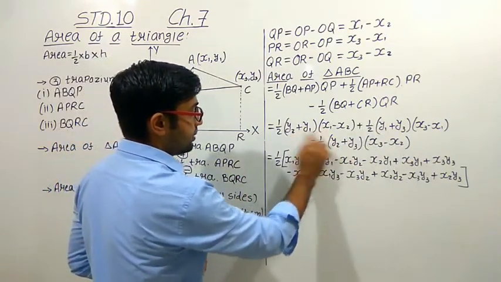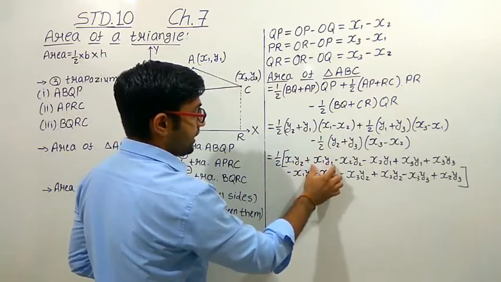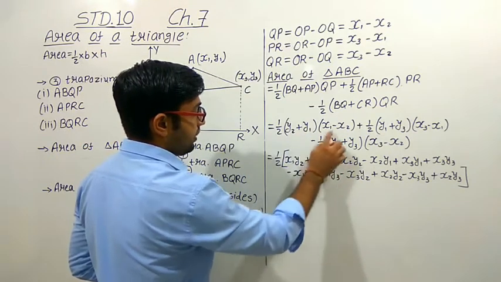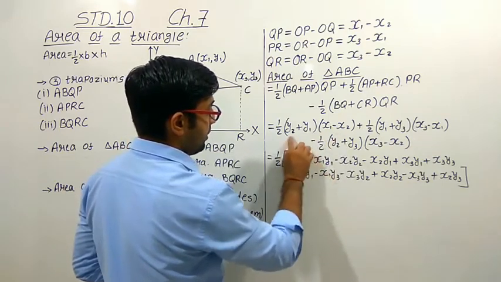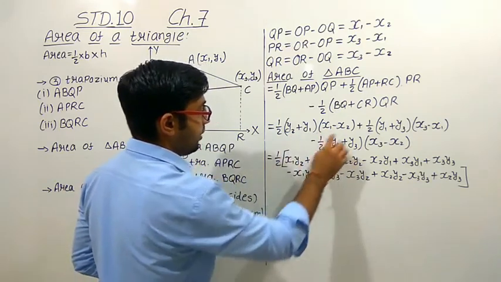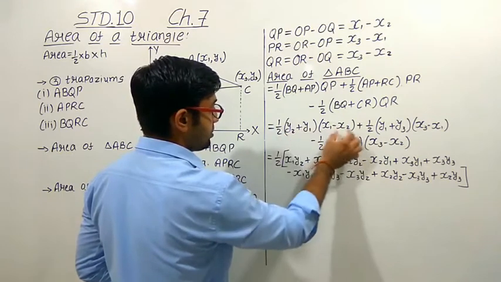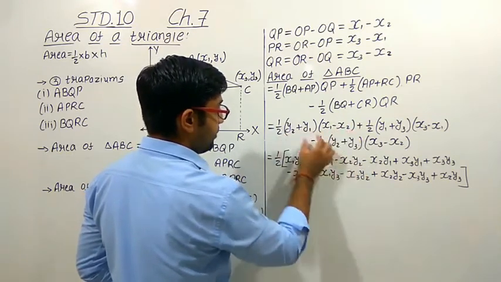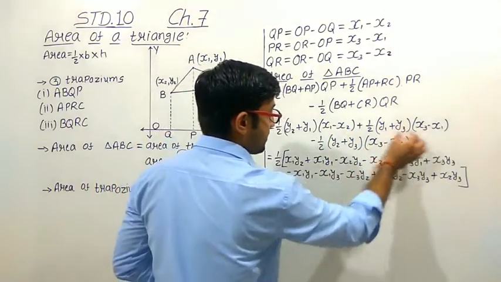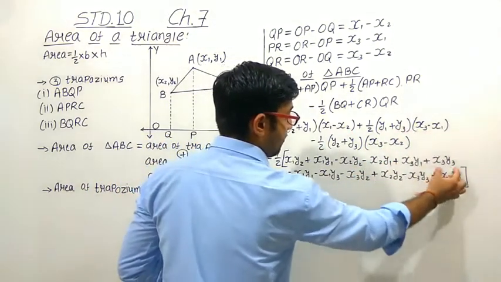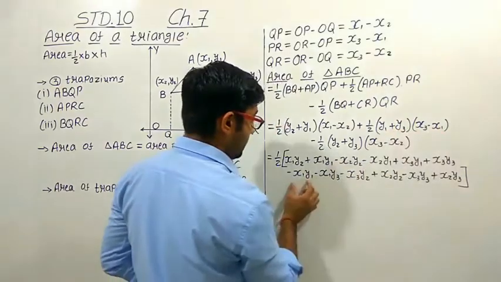Multiply this y2 with these two terms. We get x1 y2 and minus x1 y1. Now multiply this x2 with both terms, so minus x2 y2 minus x2 y1. Now multiply x3 with y1 and y3, and minus x1 y3.